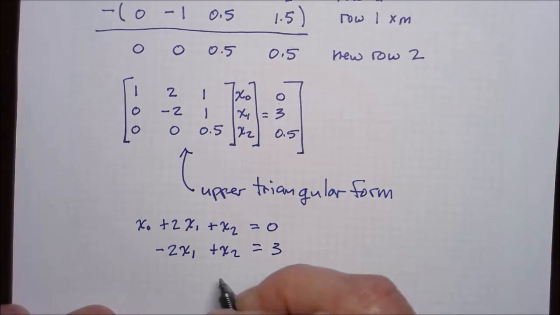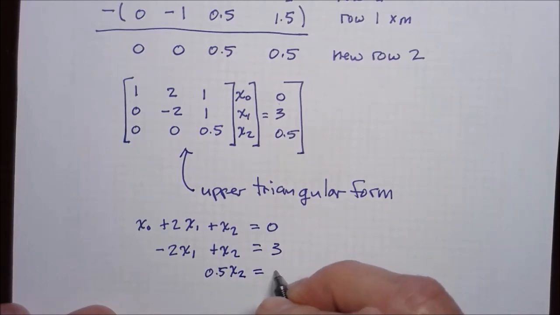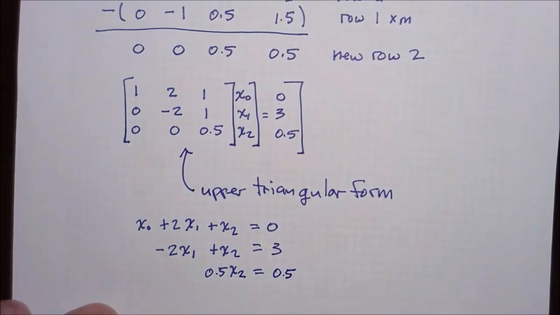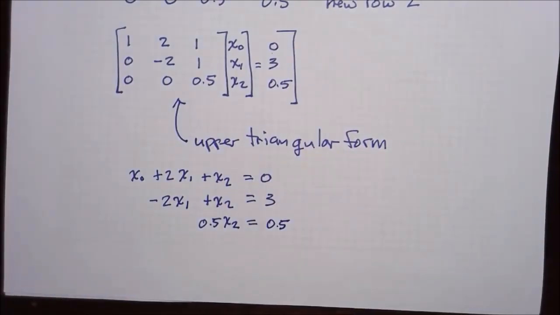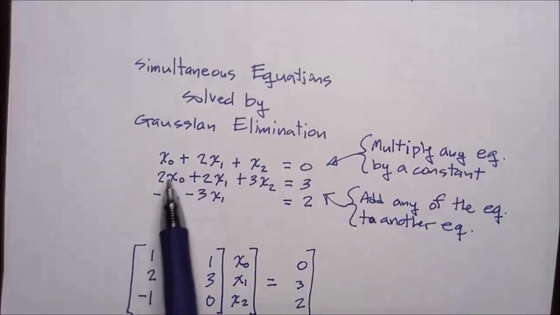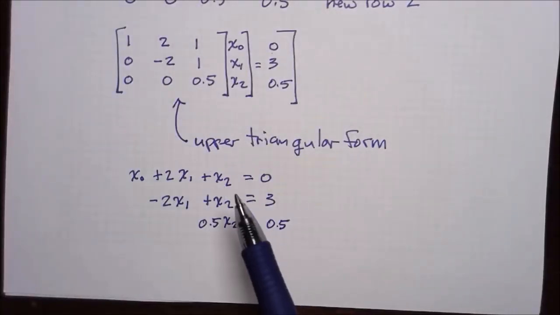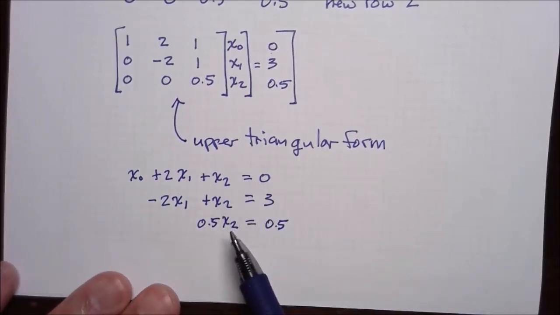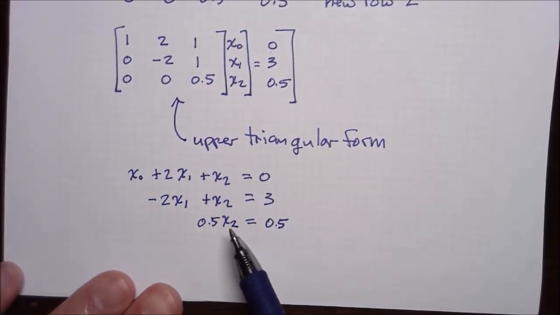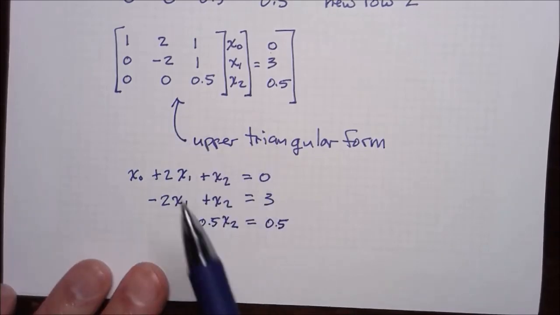And then the third equation is 0.5 times x2 is equal to 0.5. Now, this is the same set of equations as we started with, simply manipulated into a different form with exactly the same solution, but you can see that this will be pretty simple to solve when they are in this form.